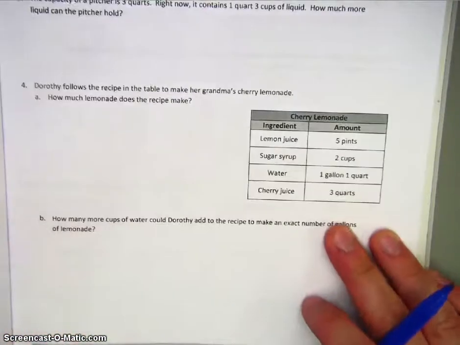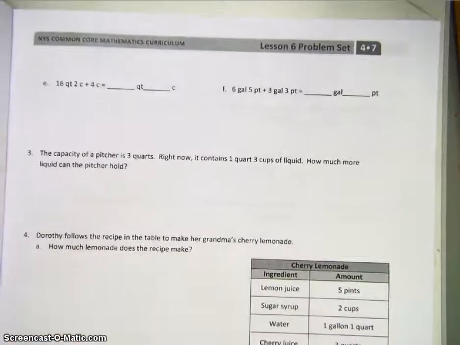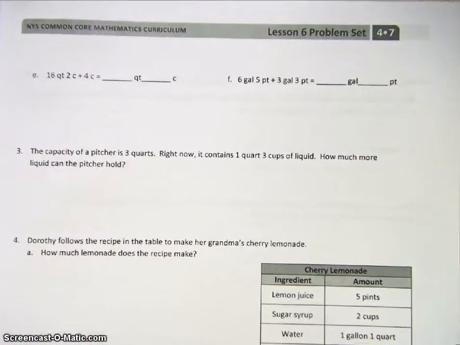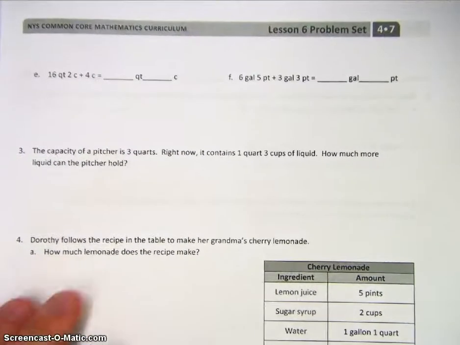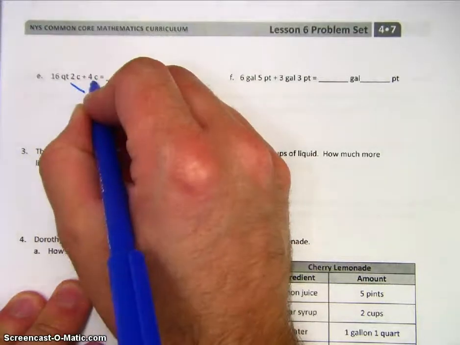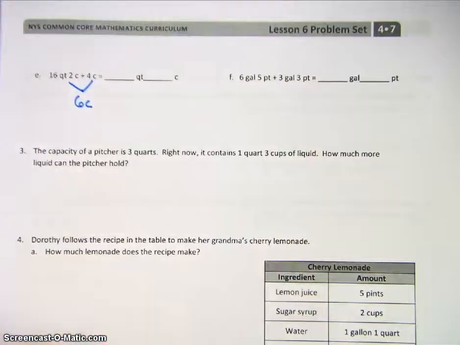Okay. Moving on to our next one, let's take a look at cups now. So what we're going to do, we're going to take our cups and let's combine our cups. So we get 16 quarts and 6 cups.